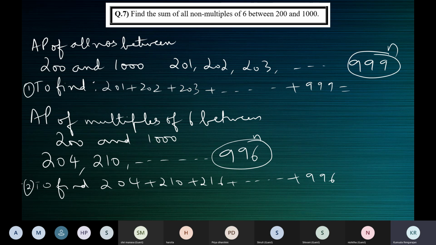The sum of all the numbers between 200 and 1000 minus the sum of all the multiples of 6 between 200 and 1000. If you subtract these two sums, you will get the sum of all the non-multiples of 6.